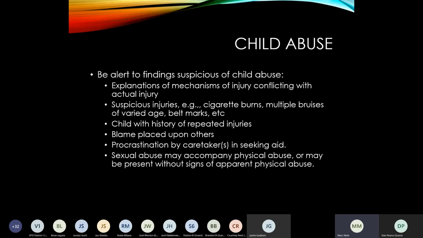Be suspicious of injuries that don't look right, things like small circular burn marks, multiple bruising in various stages of healing, belt marks. Children with a history of repeated injuries, i.e. this is a scene you've been to before, and/or the caregivers and others present repeat previous issues.